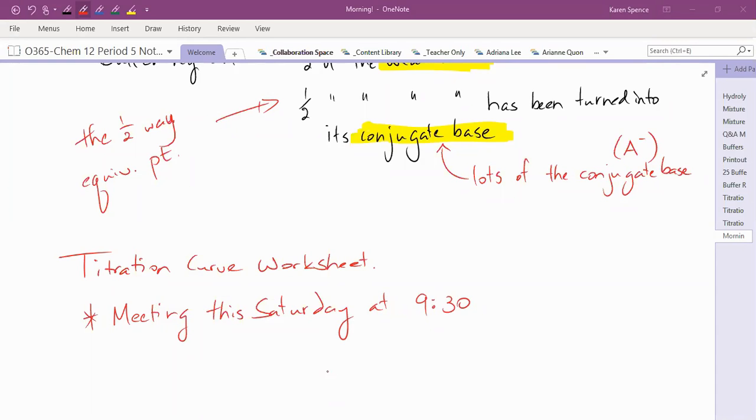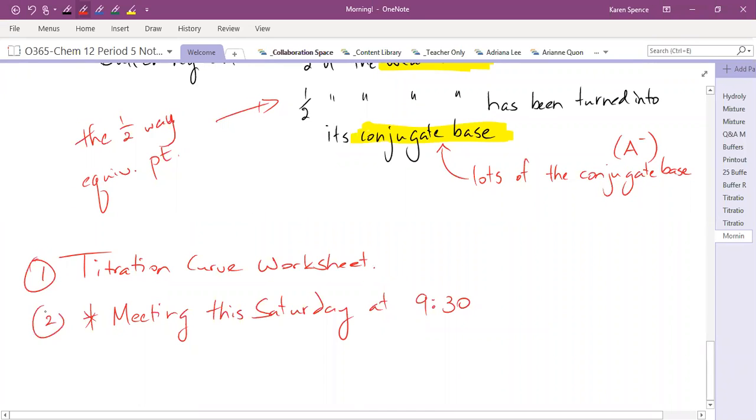On Saturday, after we finish the titration worksheet, the homework after that is going to be the overall unit review. So I will actually post that up if anyone wants to get started on it. You will be able to get started on it, but that will be the homework on Saturday.